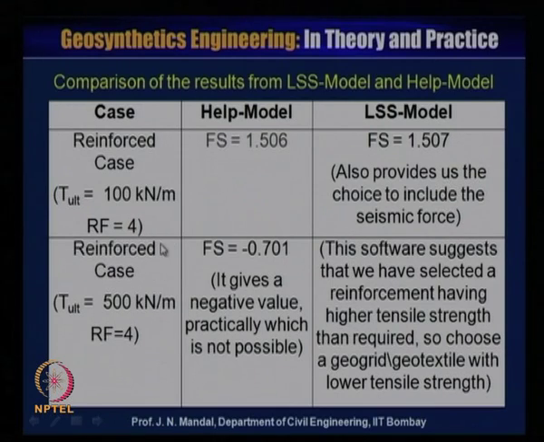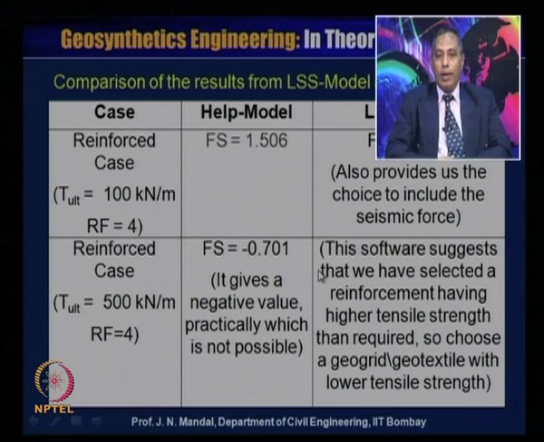When in the reinforced case the T ultimate is 500 kilonewton per meter, that means the reduction factor is equal to 4, then the HELP model gives a factor of safety of minus 0.701. That means it is a negative value, which is practically not possible.